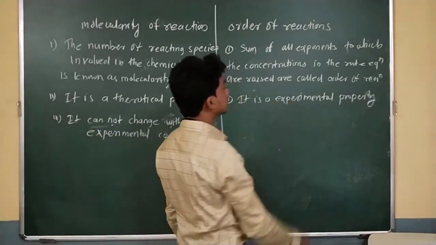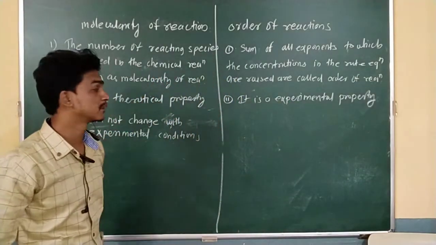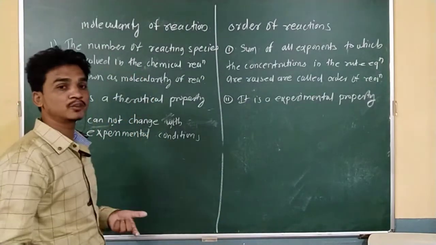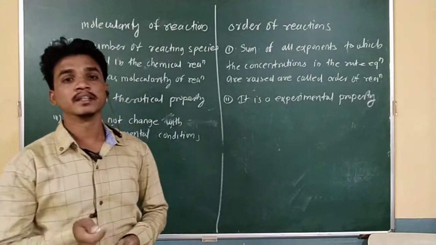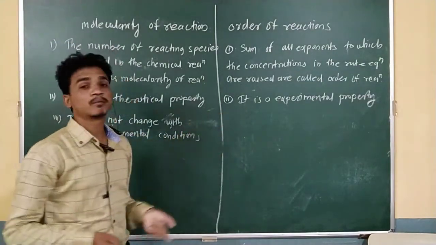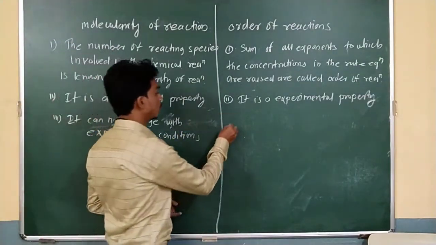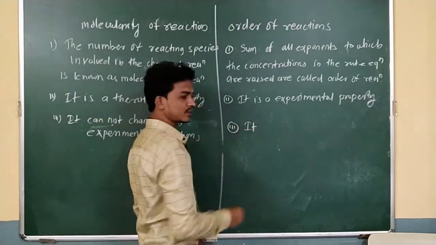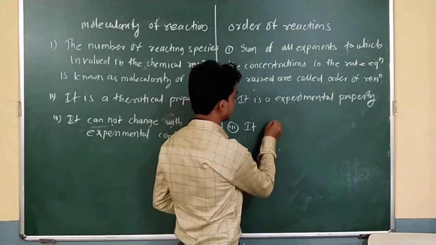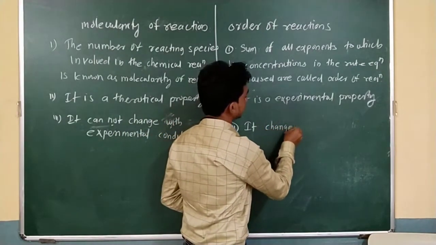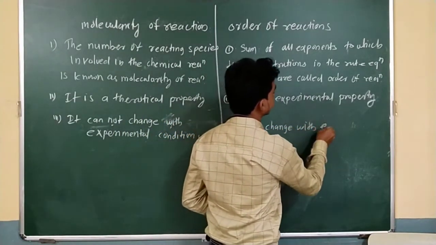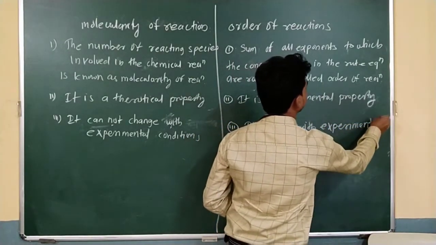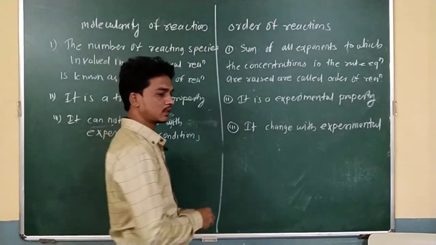Similarly, order is an experimental property, so it depends on the experimental conditions. If I am changing concentrations of the reactant, then the order of reaction can change. So the third difference is that order changes with experimental conditions.